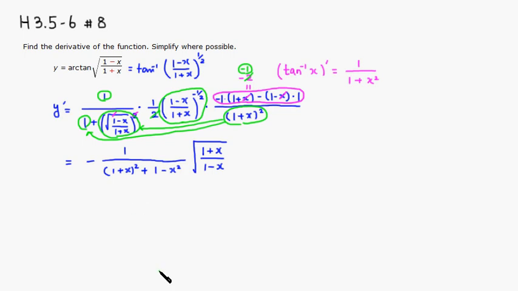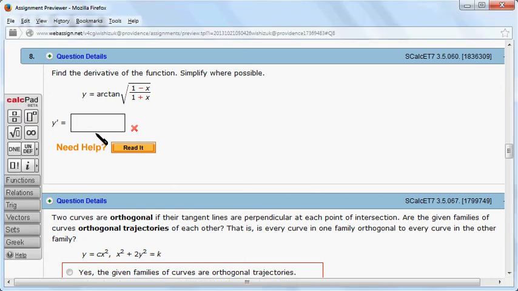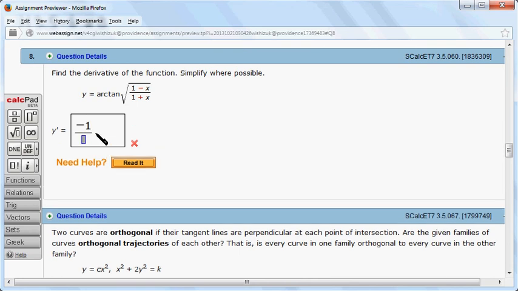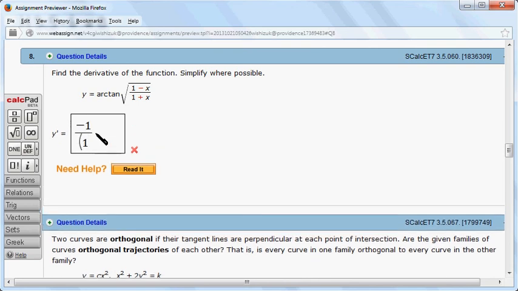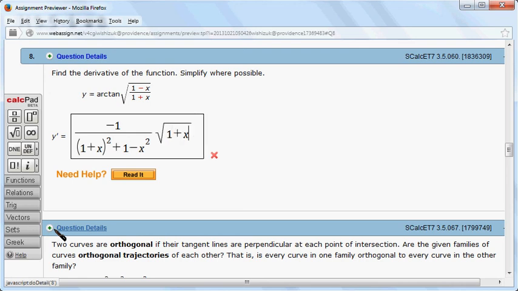So let's just type this in and see if the system accepts it. It was negative 1 over the quantity 1 plus x squared plus x minus x squared. Then you have a square root of 1 plus x divided by 1 minus x.